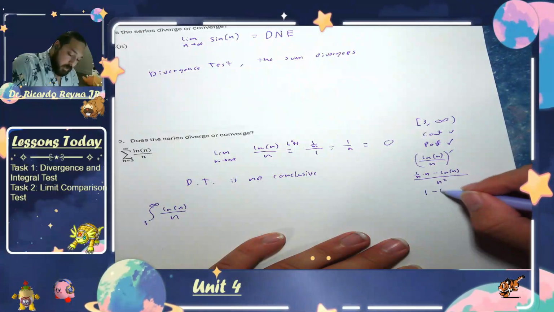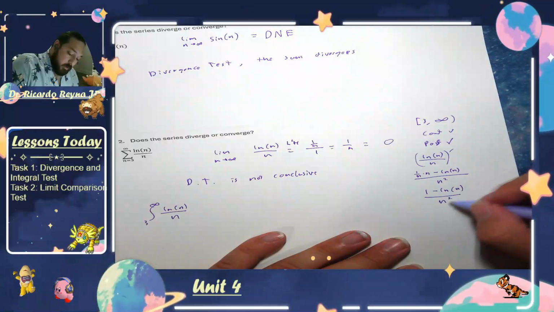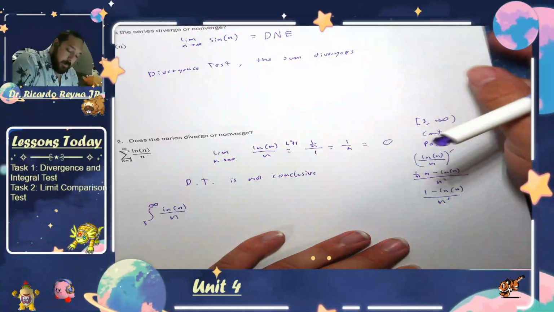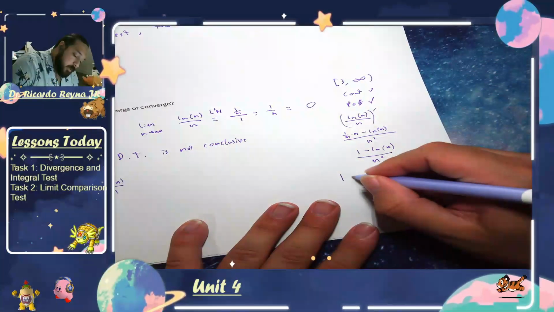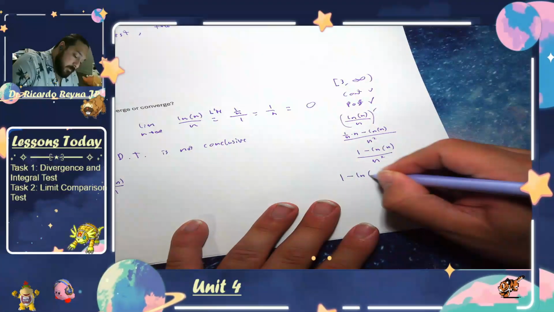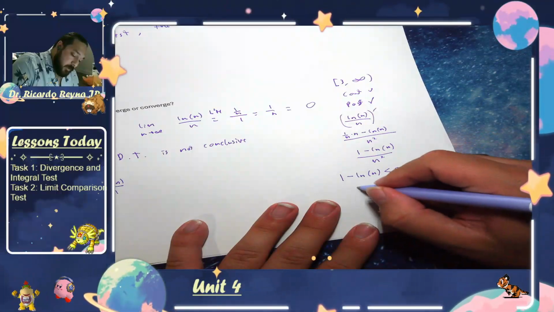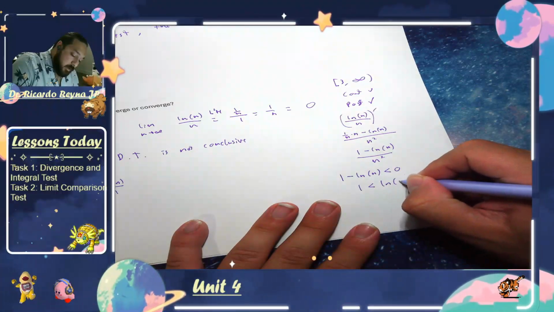So that becomes 1 minus ln of n over n squared. So we know the bottom will be positive, but the numerator is what determines if it's negative. If it's less than 0, really we're saying 1 is less than ln of n.